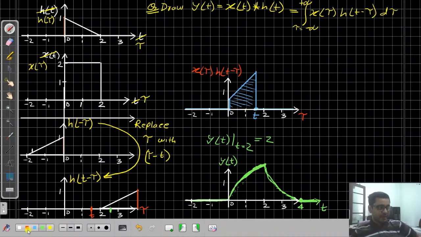Let me summarize these steps. Step 1, draw x(tau) and h(tau), which is done by simply replacing t with tau.